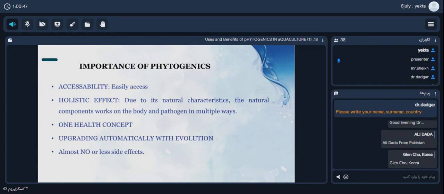So what we talked about, food for the food. It is not only helping the targeted animal, but also the first consumer and the producer. Then it upgrades automatically with the evolution. This is a very important point, which also comes under One Health: from where we are getting the phytogenic substrate. It is from the plants.